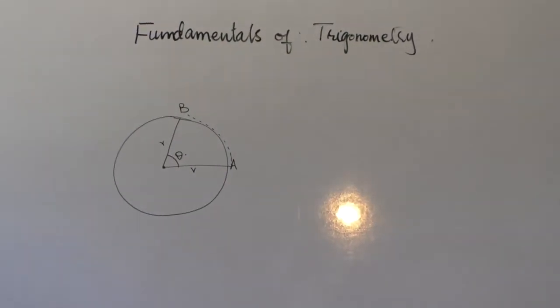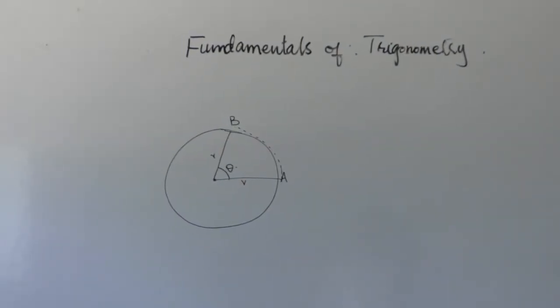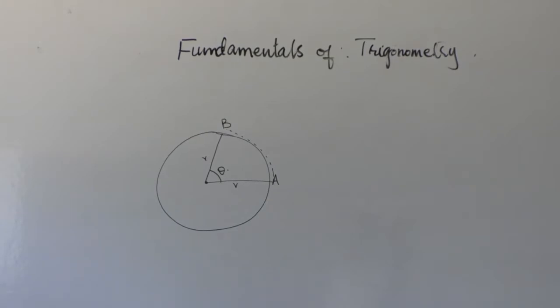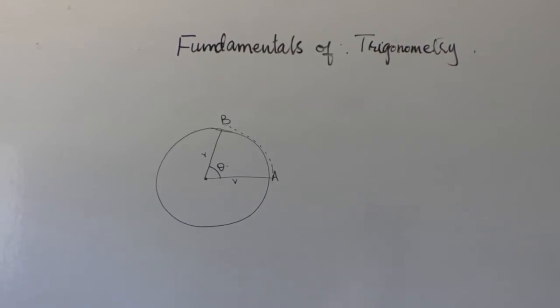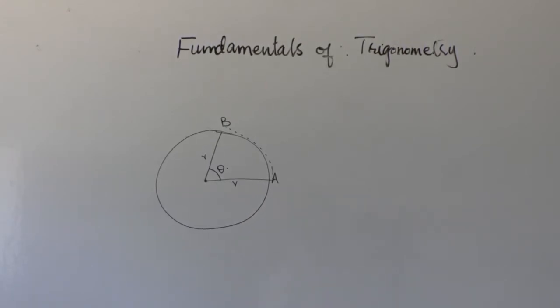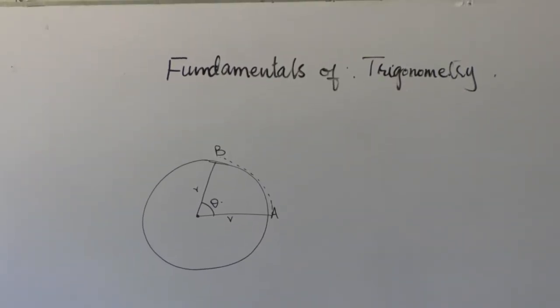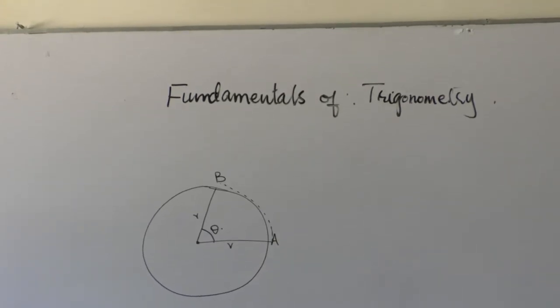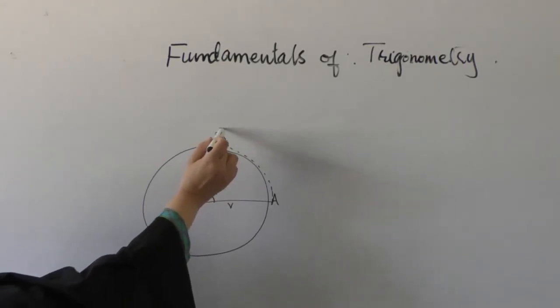When we construct an angle of measure AOB at the center of the circle, whose rays cut off an arc AB on the circle whose length is equal to the radius r, the measure of angle AOB is equal to 1 radian.